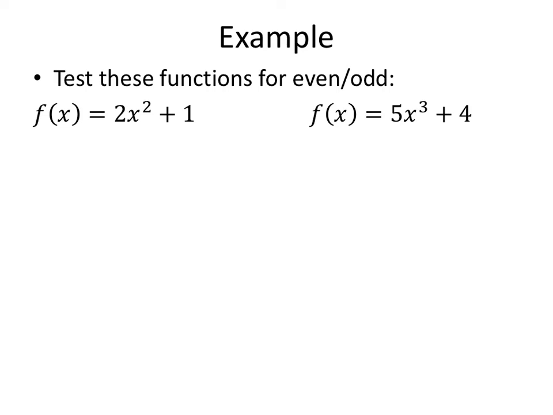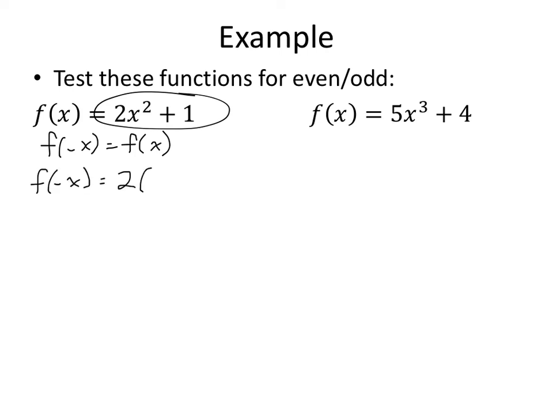So let's test an example. This first one, we have 2x squared plus 1. We would test that for even because this 2 is even. Okay, so for even functions, we know that f of negative x should equal f of x. Now f of x is this right here. So let's see what f of negative x is.